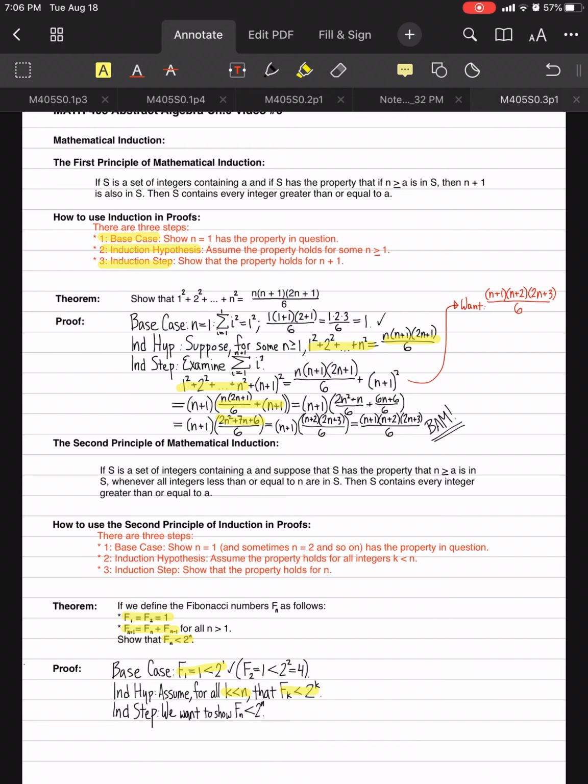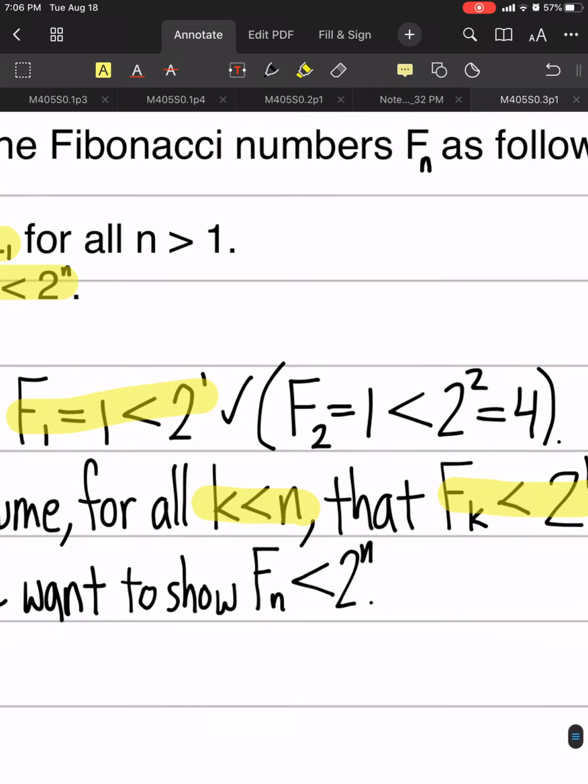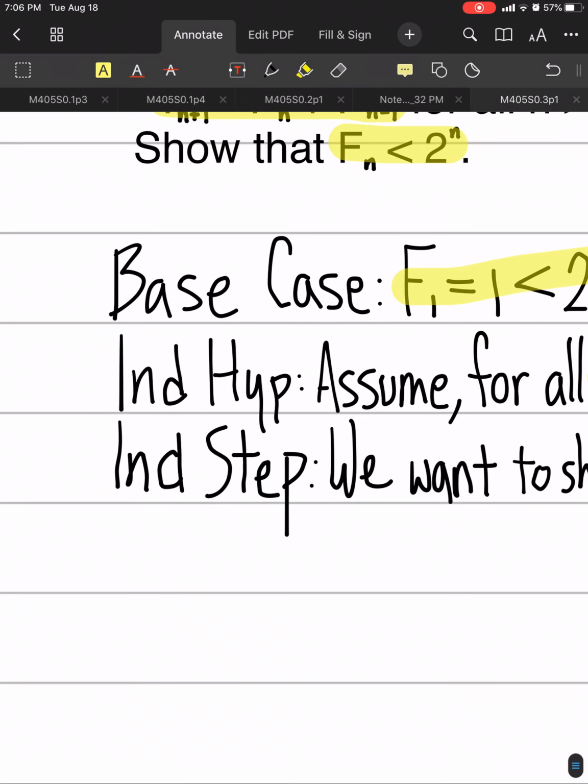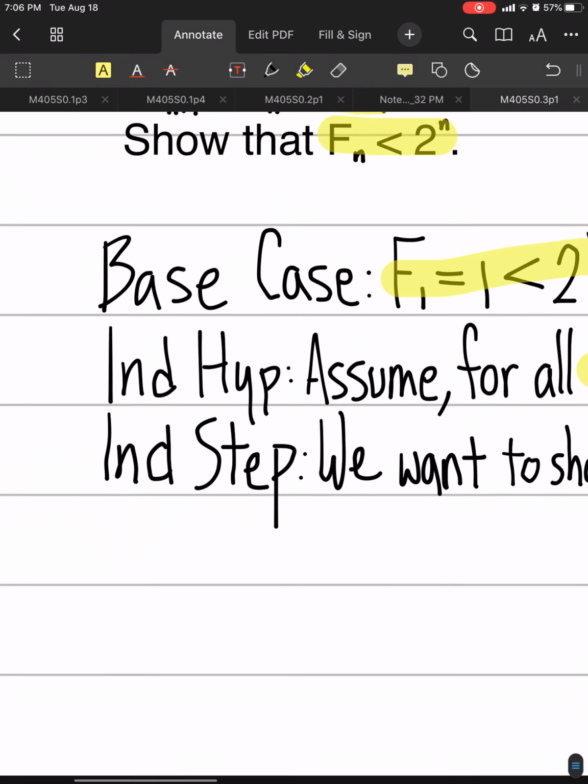So we want to show that. What we do is we start off with f sub n.